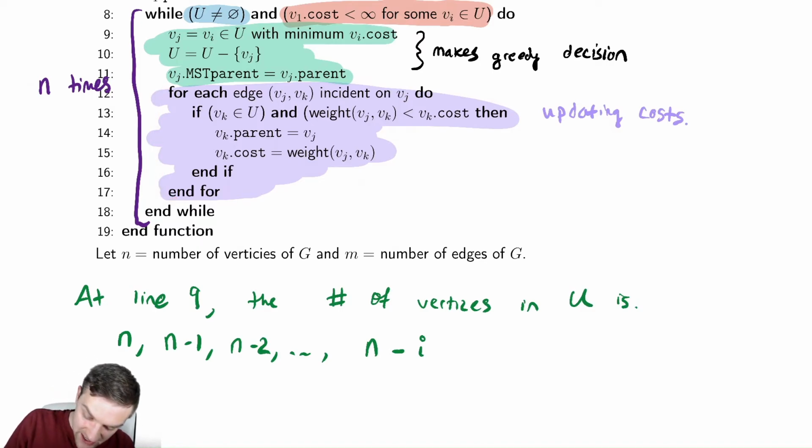Well, what are we doing? V sub j is the edge we are adding. So maybe we would want to look at how this depends on V sub j.